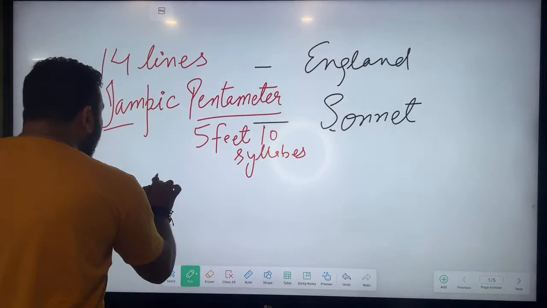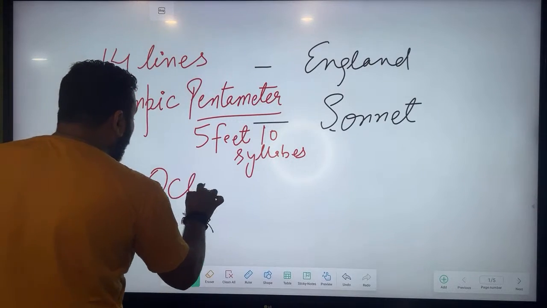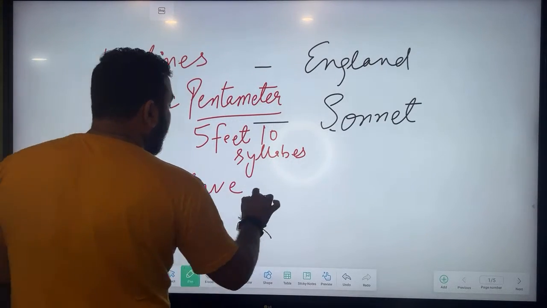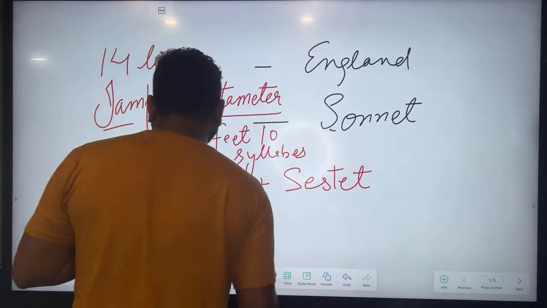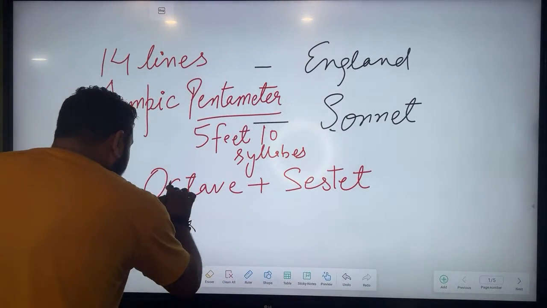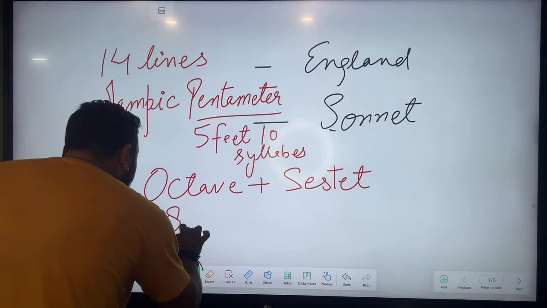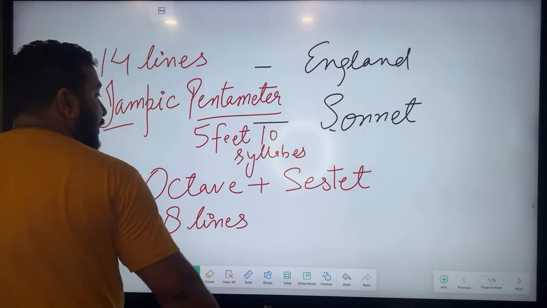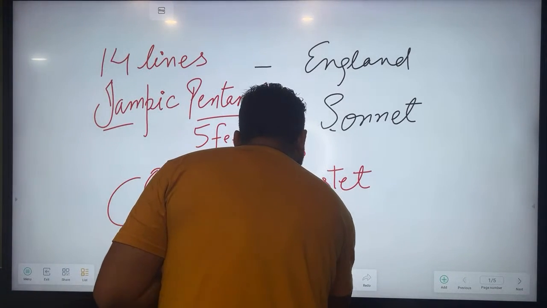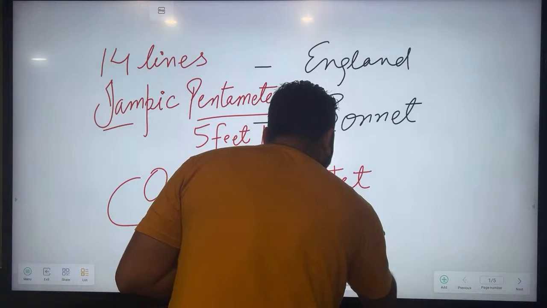So this was used, and they divided the sonnet in two parts: octave plus sestet. First part, octave: first 8 lines of the sonnet. Sestet: 6 lines of the sonnet.